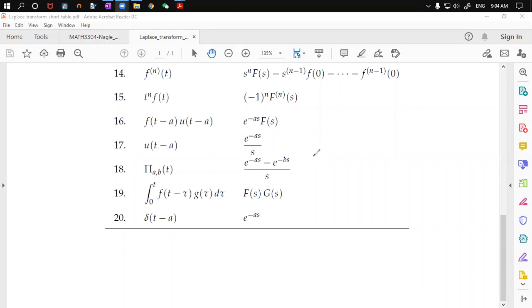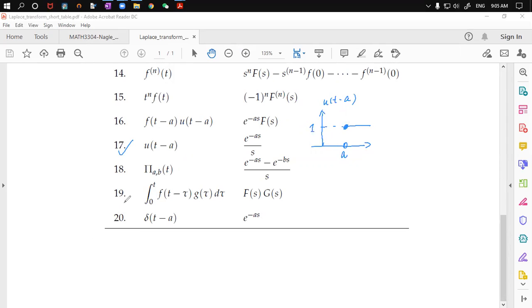It is such a function that at point a and before point a it is 0, and it becomes 1 after point a and on. That's what we've been talking about for the unit step functions. So line 17 is good, but lines 18 and 20 aren't clear at all. Is that good for everybody?